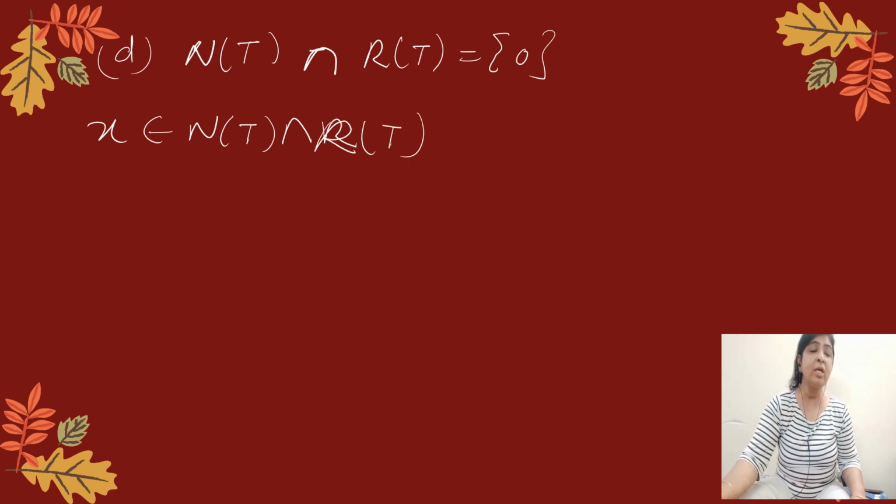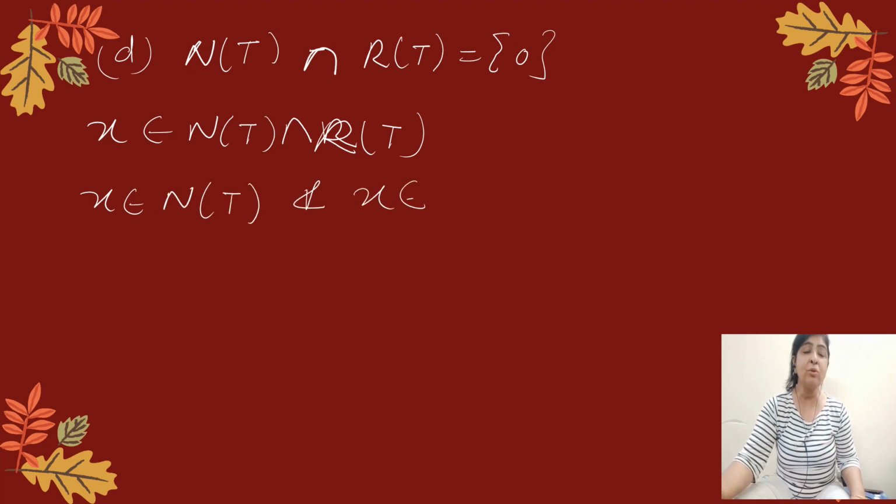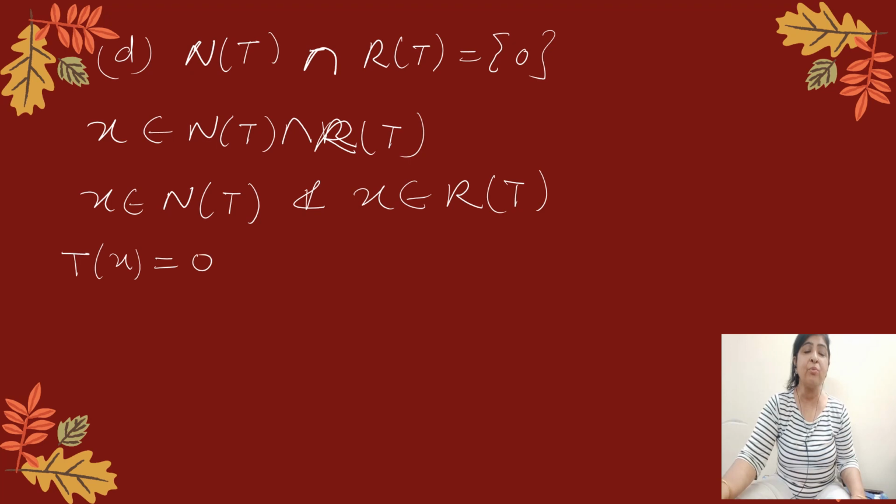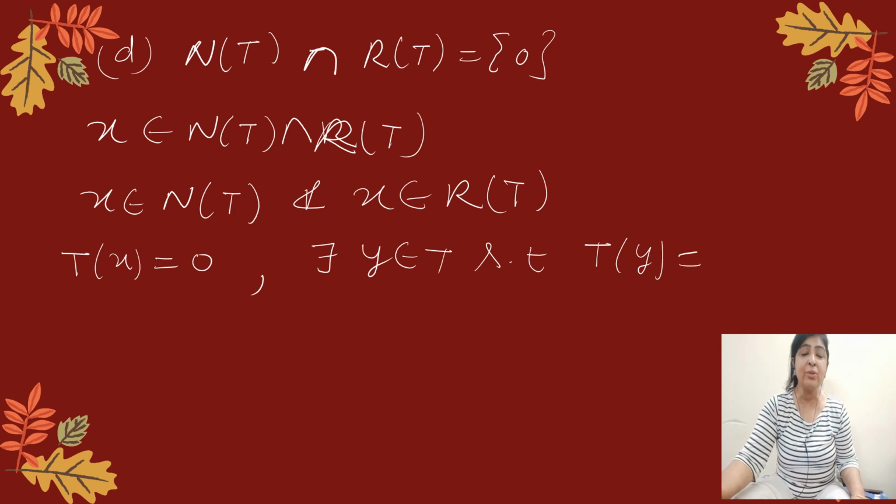So this means x belongs to nullity of T and x belongs to range of T. So we will apply the definition for both. x belongs to nullity of T means T of x is equal to 0. x belongs to range of T implies there exists y belongs to V such that T of y is equal to x. We have applied both definitions.